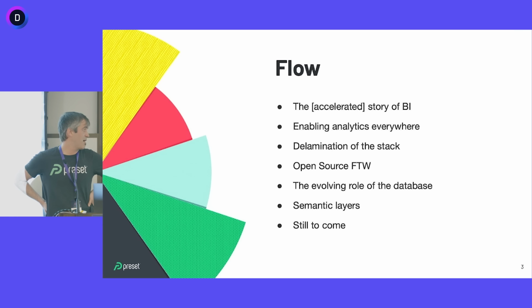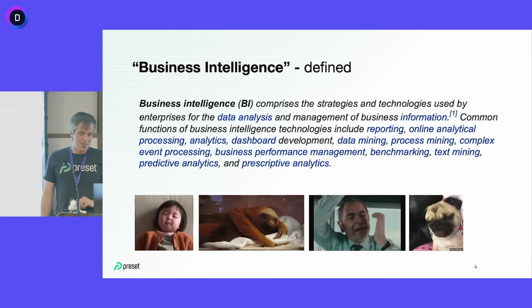The evolving role of the database, in regards to BI, as well as talking about semantic layers. I was just in a conversation with one of the attendees here, starting to get deep into what is the semantic layer, and where does it live, and how is it eroding. So it's a really interesting topic that I'll be scratching the surface of. And then I have a bucket for all the things that I'm not really talking about, but I want to mention. So let's jump into it.